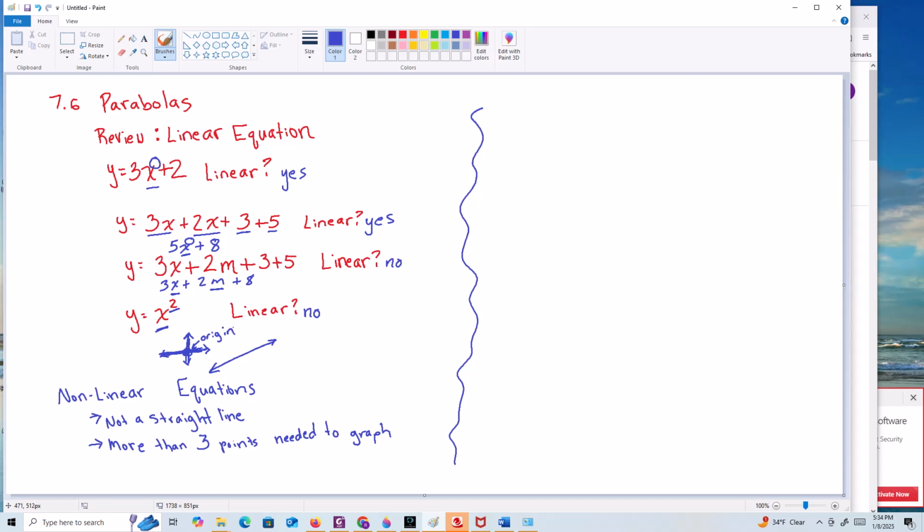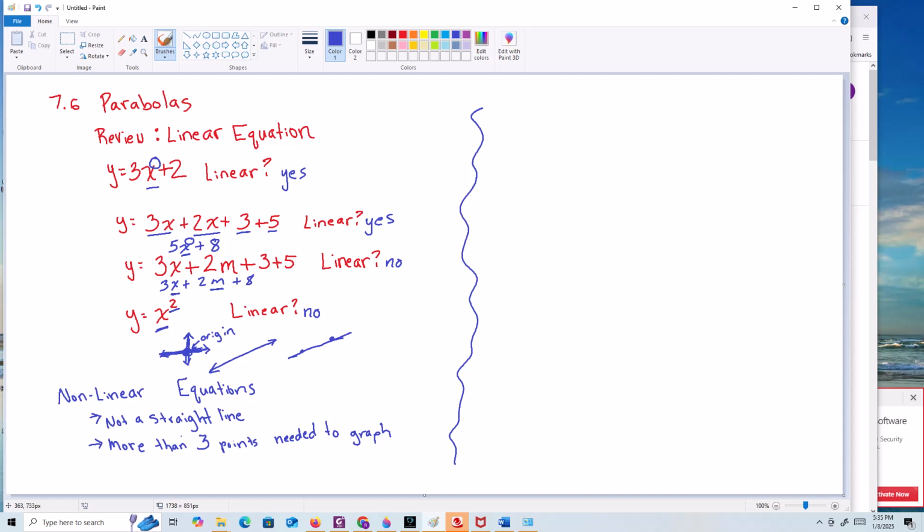All right, so that's the Cartesian plane. When I am graphing a linear equation on the Cartesian plane, I can just graph 2 points because 2 points are needed for a straight line. Now the book did recommend graphing 3 points just for accuracy, but technically 2 points are all that's needed for a linear equation.